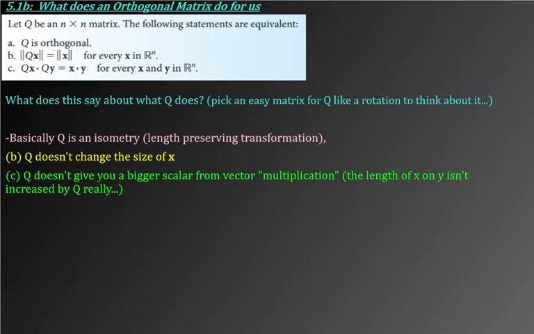So what it's saying is that if you apply Q to X, you get this vector out here, and then you do the same to Y and get this vector, the Q that we added in is not giving you any more of X on Y, or any more of Y on X. It's literally equal to that original dot product, which is nice. All going back to length-preserving ideas.